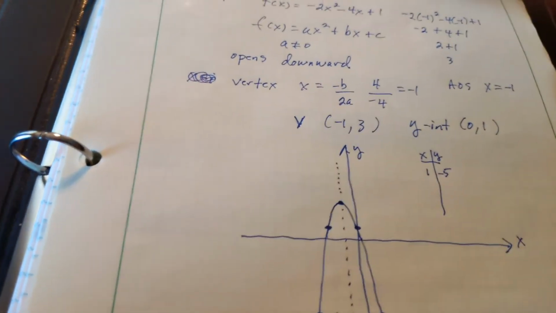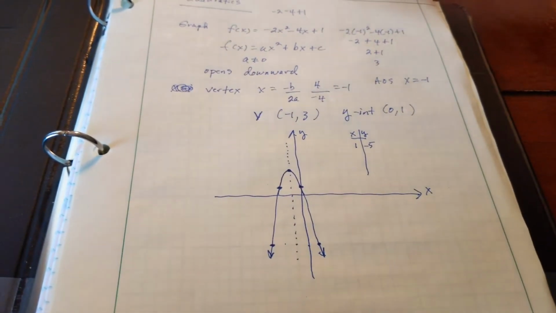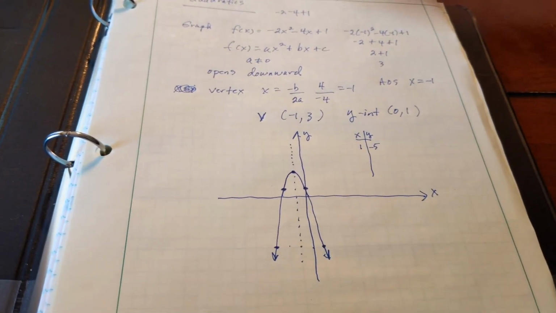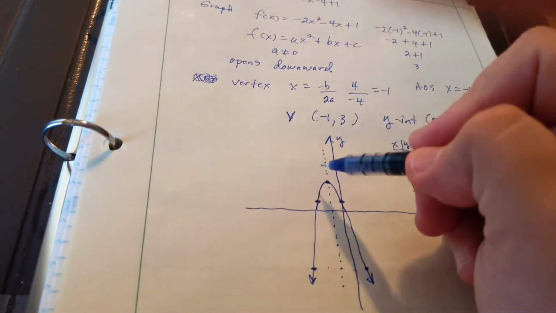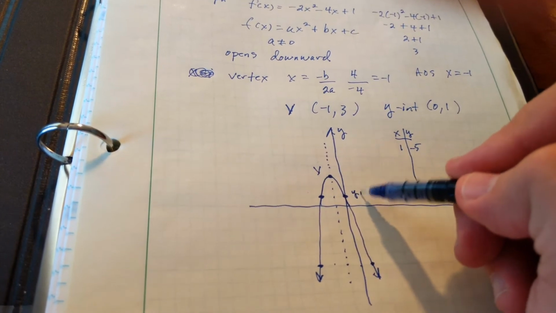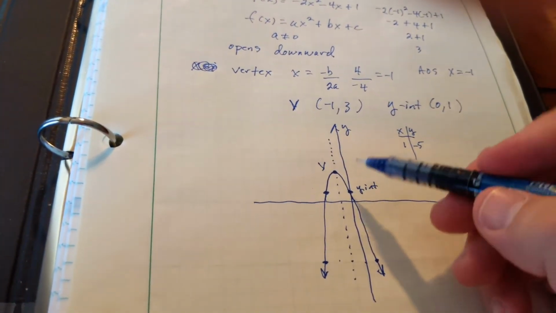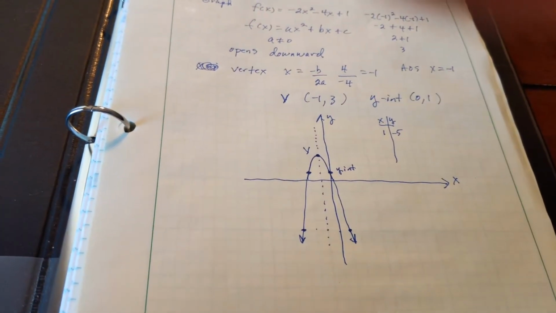I could do some other points in the table if my teacher wanted me to, but this is adequate for this graph. So I have the vertex here, and I've listed that up here. I have the y-intercept here, and I've listed that over here. These are my two x-intercepts, and my parabola is going downward.